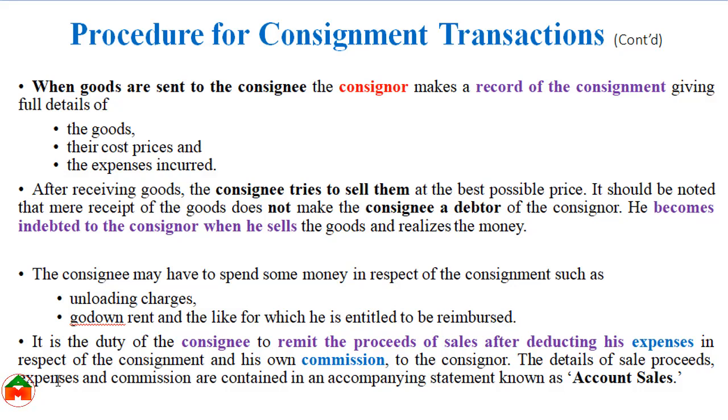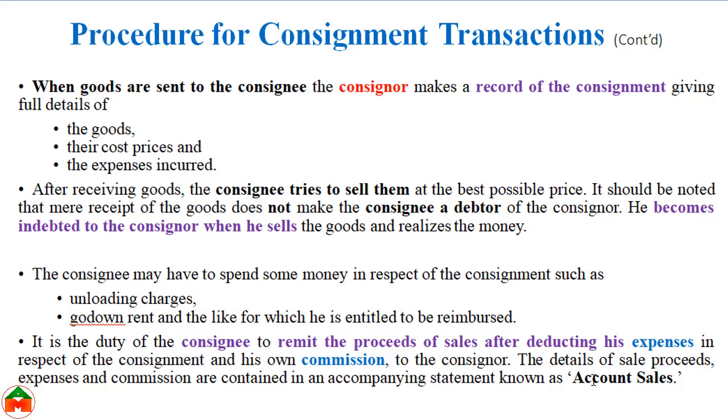The details of the sale proceeds, expenses, and commission are contained in a statement, and the statement is known as account sales. That means account sales is a statement in which the consignee mentions the proceeds of the sales, I mean revenue from the sales, the expenses incurred by him, and the amount of commission.